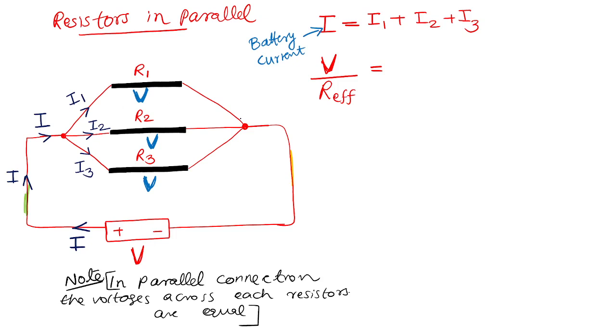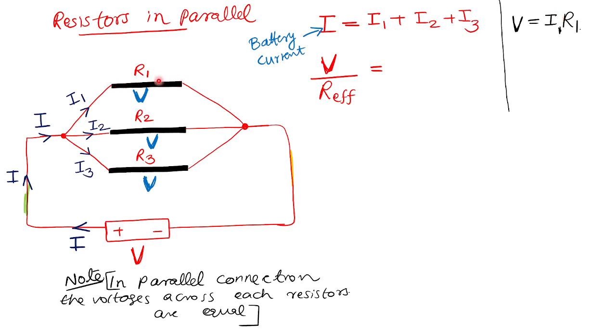The potential difference across each resistor will be V. Now listen, we have already studied this. Let me write here on the right side. The potential difference V equals I into R. We studied that. So the potential difference across the first resistor, V equals I1 into R1. That is Ohm's law, right?